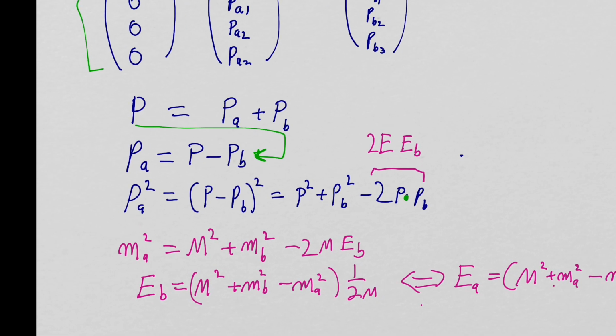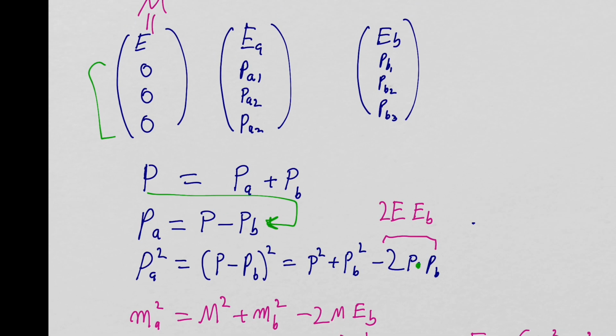Now I replace everything with their relativistic invariant notation. PA squared is the rest mass squared of the first particle. This P squared becomes a mass squared. P sub B squared becomes the mass of the second daughter particle squared. And then 2EEB becomes 2m, because E is the energy of the parent particle, which is just m.